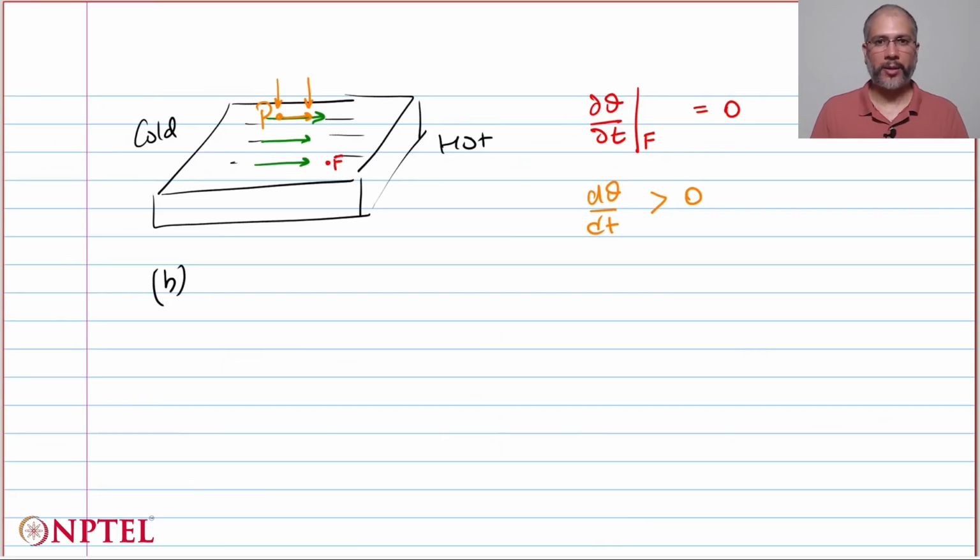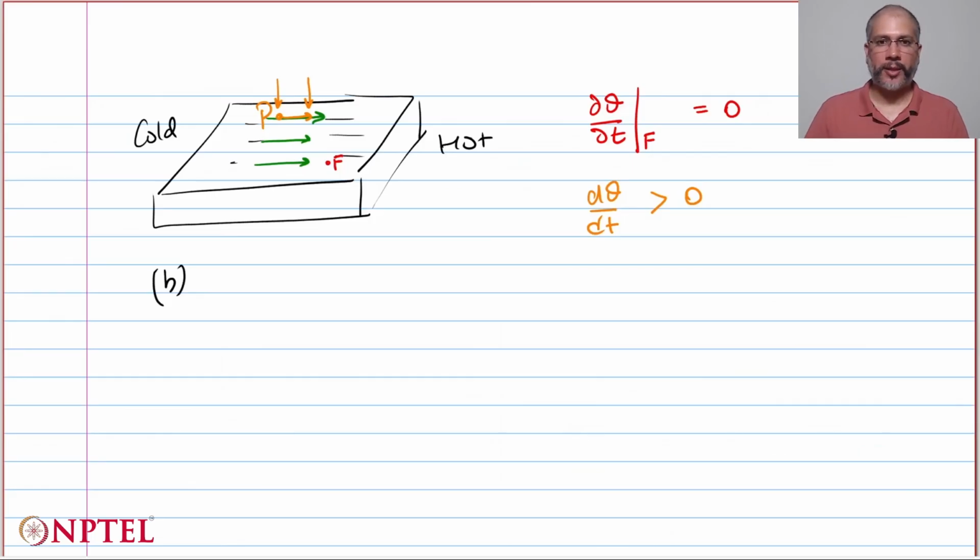So as the particle moves to the hotter region in the pool, you measure a higher temperature. So you see that d theta by dt, that's a material derivative, is positive. And this contribution is purely because of the movement of the particle, that is because of the flow in the swimming pool.